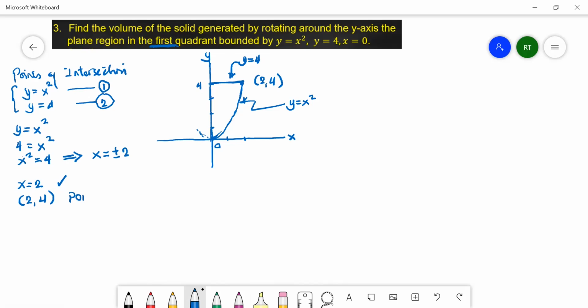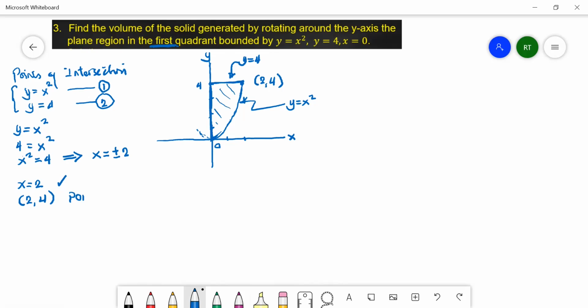We don't need to draw the parabola to the left of the y-axis, since we're just interested in the first quadrant area bounded by the parabola y is equal to x squared, y is equal to 4, and x is equal to 0. Please take note that x is equal to 0 is the y-axis. And we're interested with this region R.